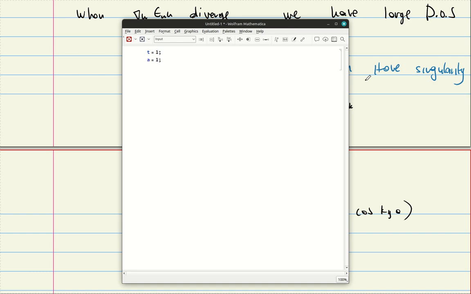Let's take this, and I have some k's. You can read, right? Okay, so the range is minus pi over a to pi over a, and let me not take too many points. Let me take 0.01.